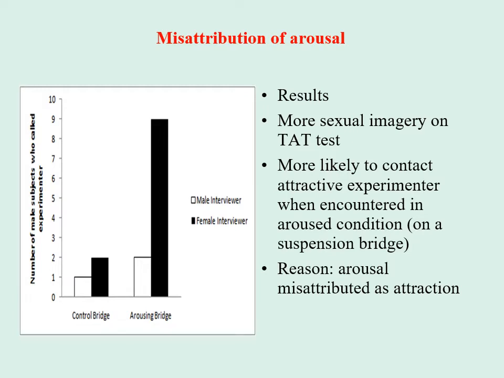And the reason for that is that the arousal was presumably misattributed as indicating attraction. You can see the results on the left-hand side. People are much more likely to contact the attractive female interviewer after the arousing bridge than the control bridge, but when they meet a male interviewer, there is no effect at all.